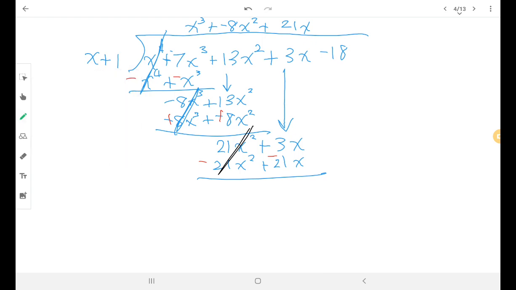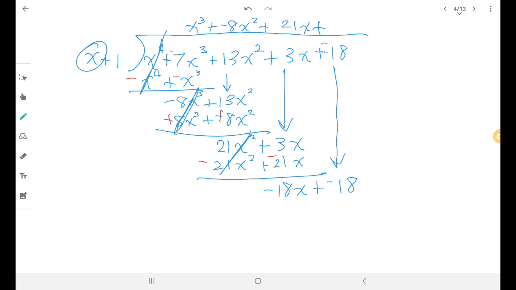These two cancel. They better cancel. That's how I designed it. And then 3x plus negative 21x is negative 18x. And we'll bring down the plus negative 18. Put a plus up here, and we'll start the game over again.